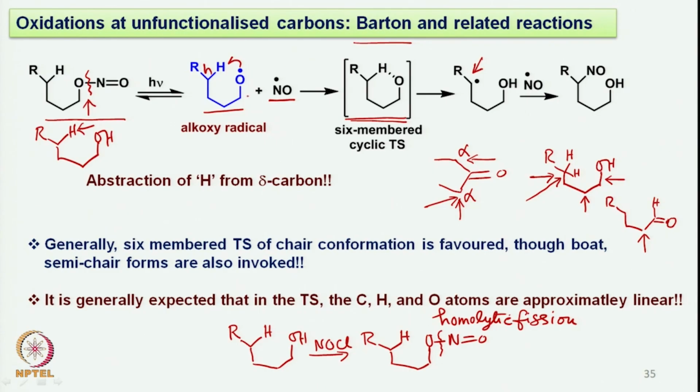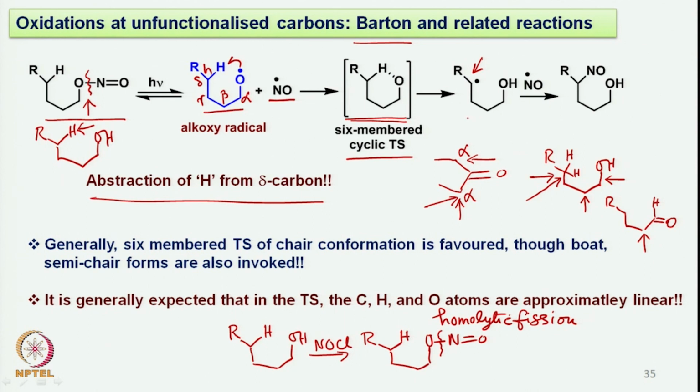So if one starts numbering, then you have an alpha, then a beta, then a gamma, and then this is the delta position. So abstraction of hydrogen from the delta carbon occurs because of this 6 member transition state here.